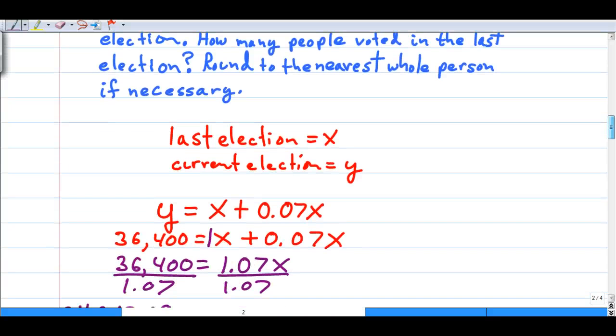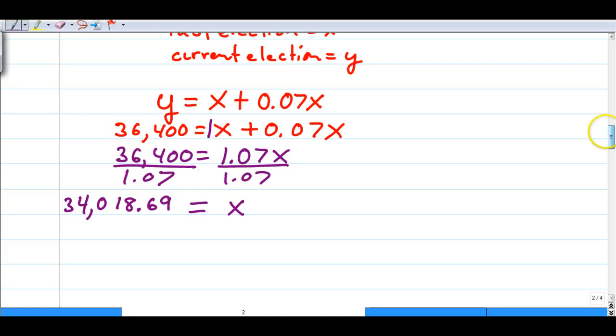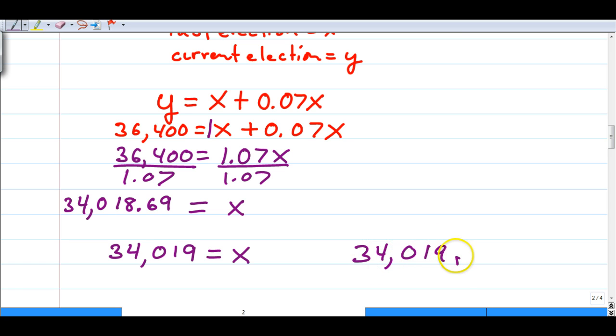We know that X was the last election. That's what we're trying to find out. To finish the problem, we're going to round to the nearest whole person, which is 34,019. So our final answer is 34,019 people voted in the last election.